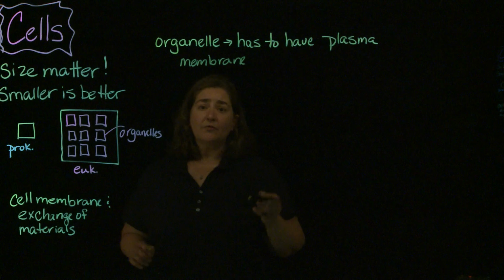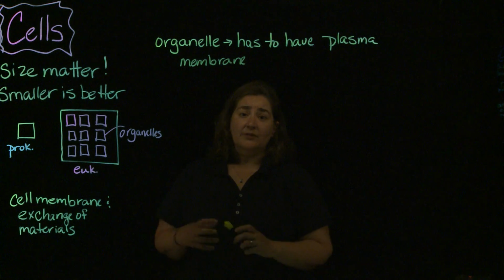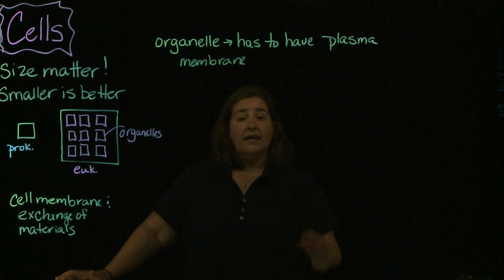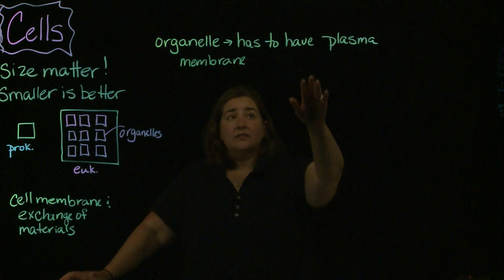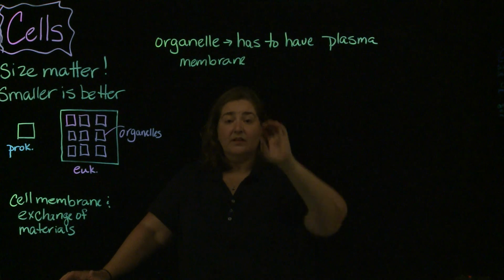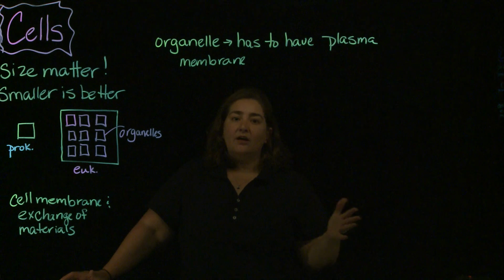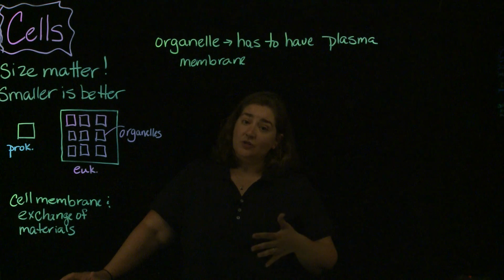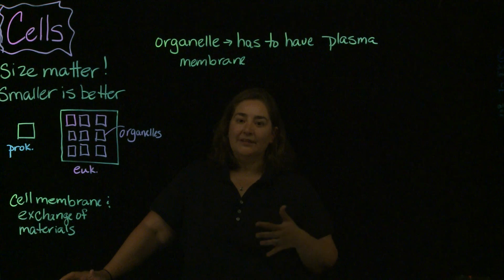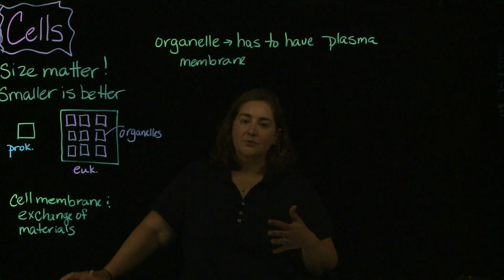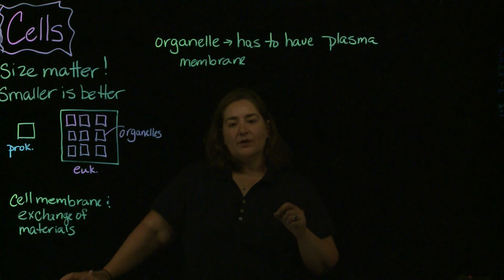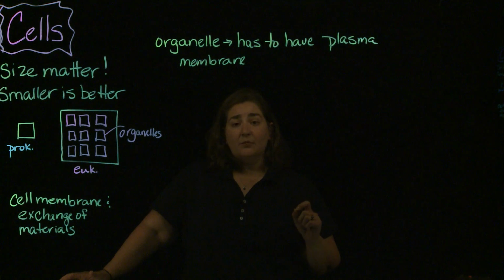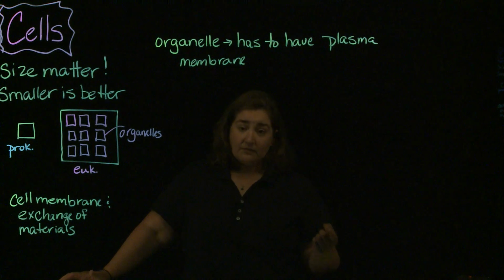In the next couple of videos that you're going to watch, I'm going to talk about some specific organelles, and what classifies them as organelles is the plasma membrane. There are some other cellular structures that are kind of put in with the organelles in your textbook. They don't have a cell membrane, so they wouldn't be considered an organelle. Those are going to be things I'll point out in the next couple sets of videos.